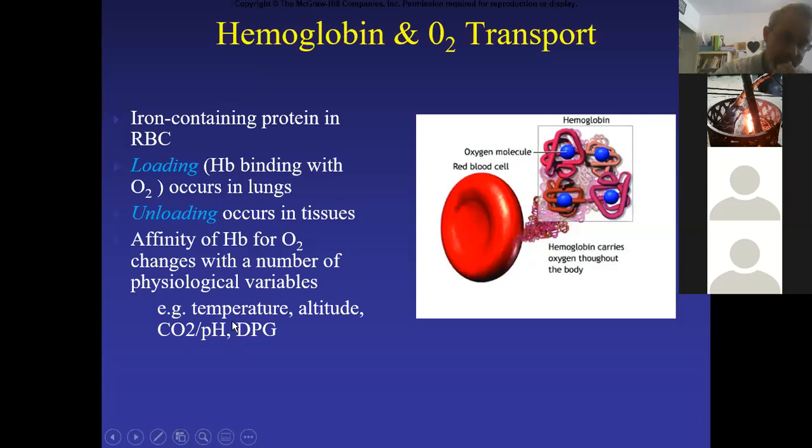We're going to take a look at temperature, CO2, pH, as well as a molecule called DPG. Altitude, I'm just mentioning in name only. I don't think we're going to focus on that. Altitude, of course, just due to the change in oxygen levels, also affects unloading. But for now, let's just focus on temperature, CO2, pH, and DPG.